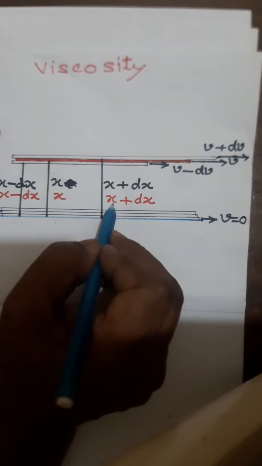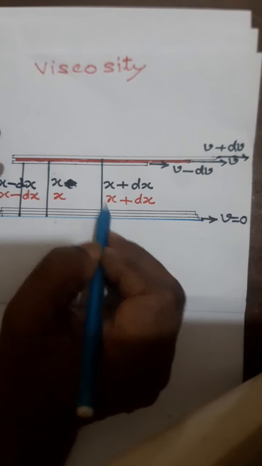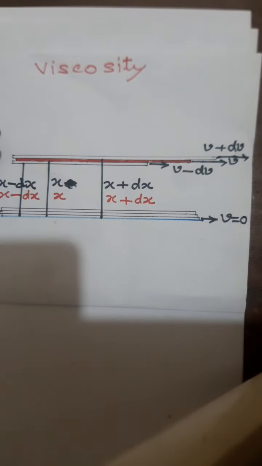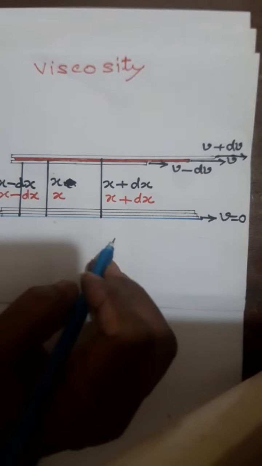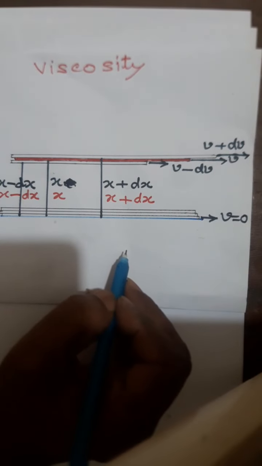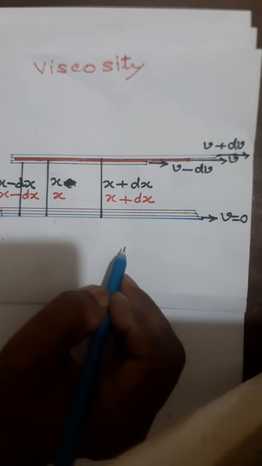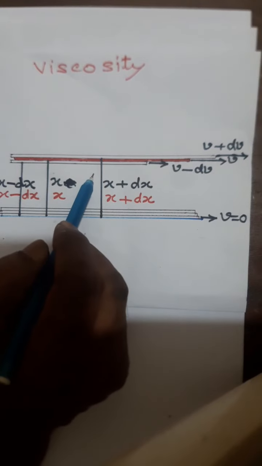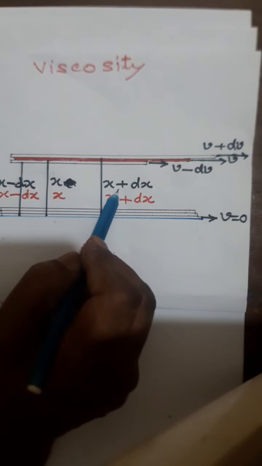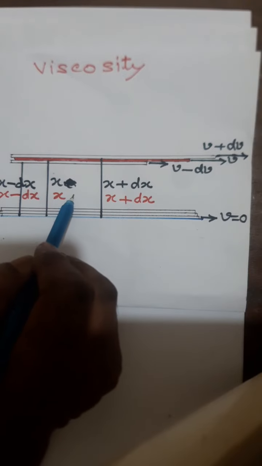The velocity rises with the increase of x. The change in velocity of the layers per unit change in x is called the velocity gradient.